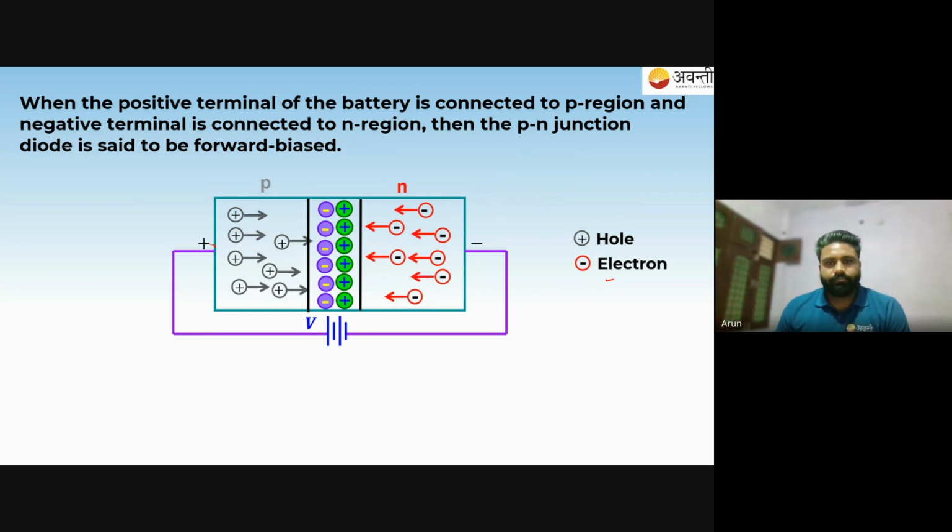Okay. Then what will happen? In N type, we have majority charge carrier electrons. In P type, we have positive charge carrier holes. So what will happen? Let's look.